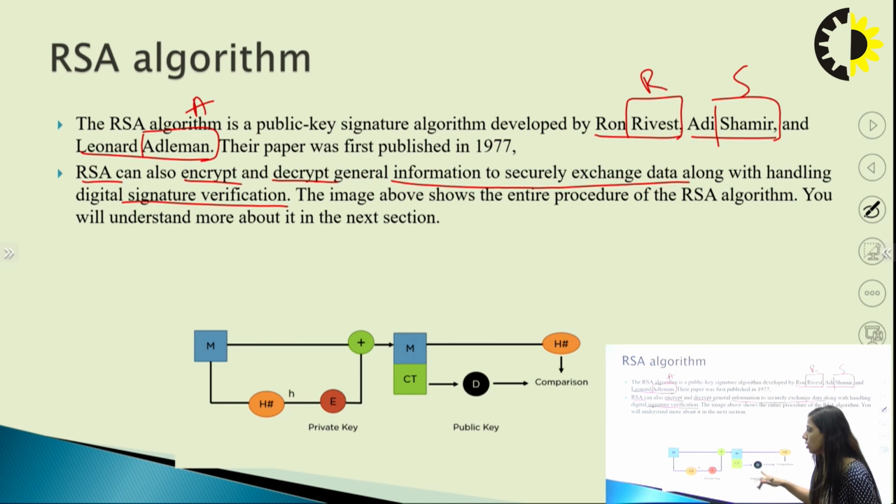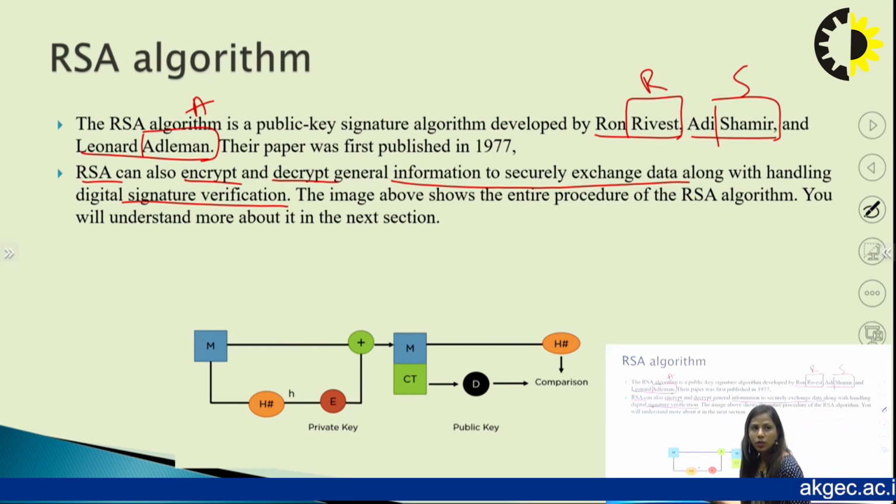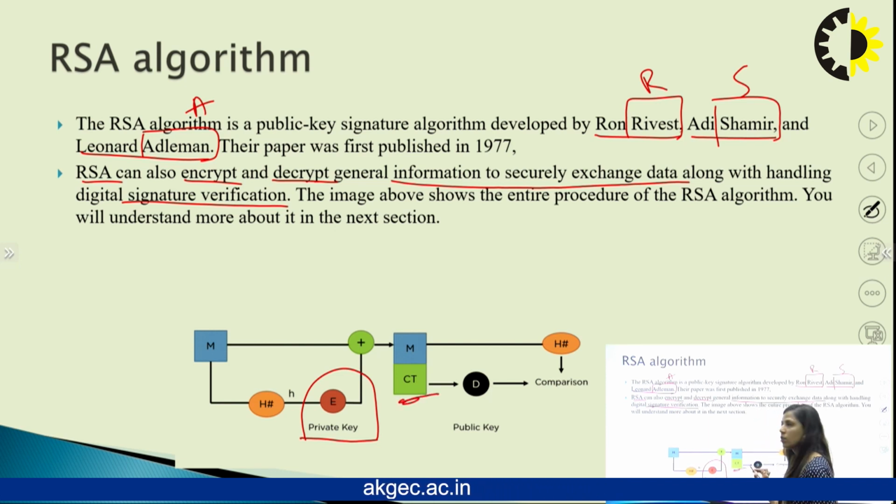This is the overall process of transferring data, in which we transfer a message, then convert it into a hash value. Using some keys, we apply encryption so that our message is converted into ciphertext. Then we decrypt the ciphertext using the public key.